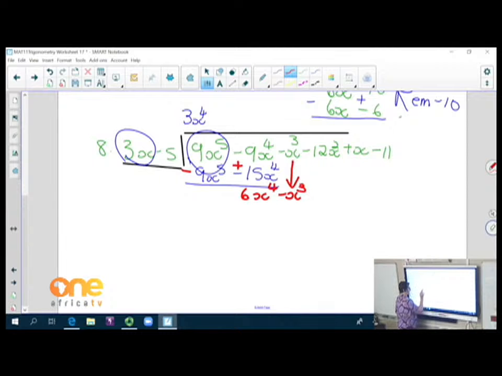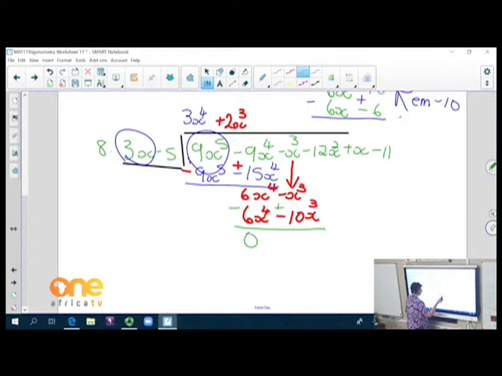So we're still looking how many times will it divide into that one, and that will be plus 2x to the power of 3. Multiply, then you have 6x to the power of 4 minus 10x to the power of 3. We are subtracting, so we change the second signs. This one eliminates.